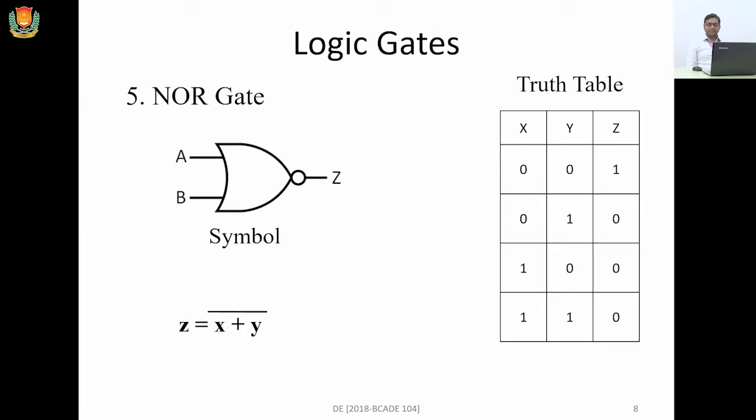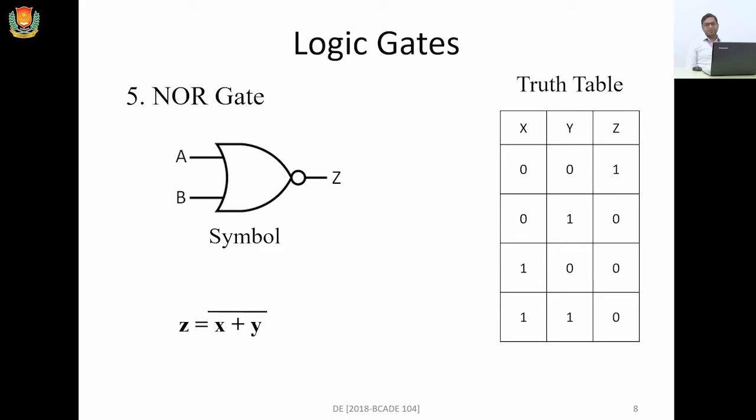Okay. In the third row, X equals 1 and Y equals 0. So the addition of 1 plus 0 is again 1, and the complement of this is 0. That's why the output is 0. In the last row, you can see 1 plus 1. Yes, 1 plus 1 will be 1 because it is high plus high logic, not 1 in decimal or 1 in binary.